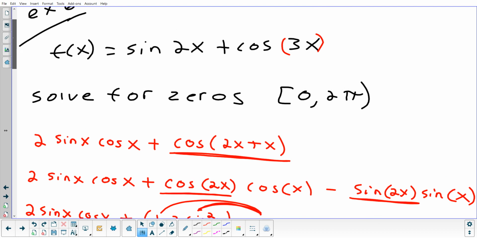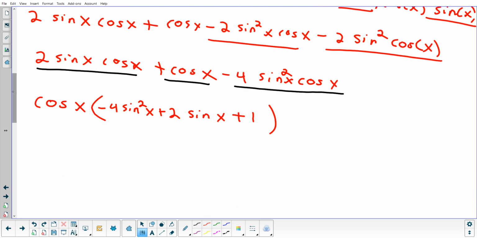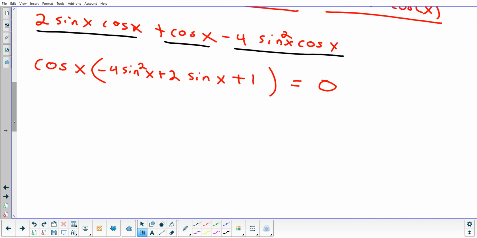Okay. And it said solve for zeros. What does that look like? That's a quadratic, basically a quadratic formula problem. Whenever you get something of the form a variable squared plus or minus the variable plus 1, that is a quadratic formula type equation.